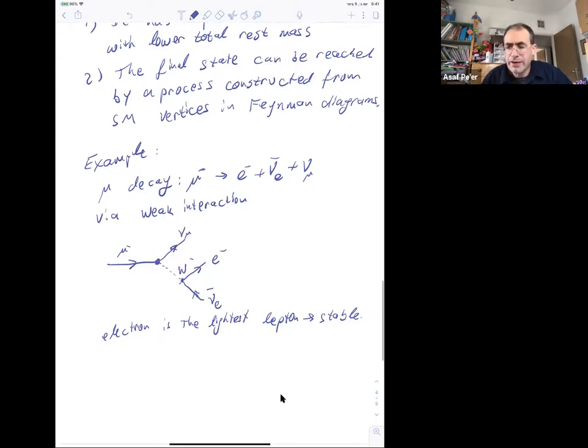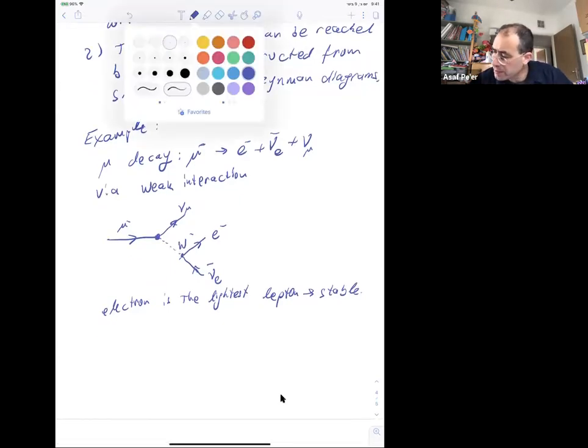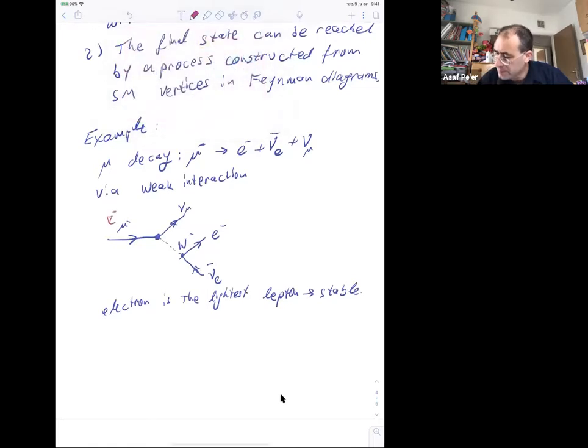Now we can have exactly the same diagram for the tau lepton. Rather than muon, I could write tau here, and this will be a tau neutrino. I could write it, and the rest looks the same.